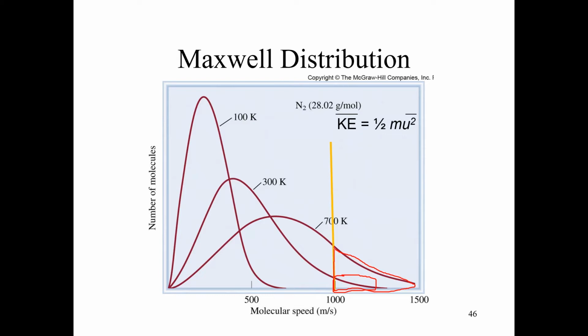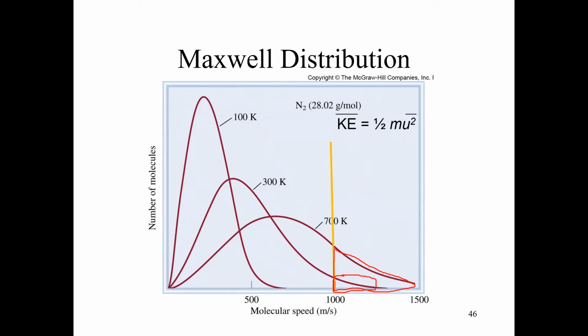So what that tells you is that temperature is involved in the effectiveness of collisions, because the higher the temperature, the greater the average or mean molecular speeds, and as a consequence, the greater the kinetic energy of the particles.